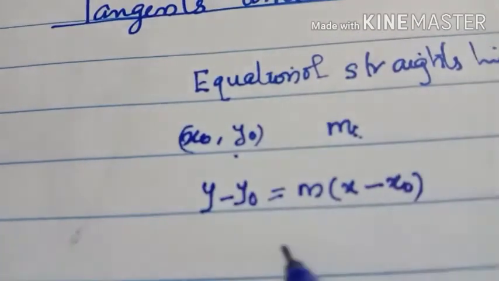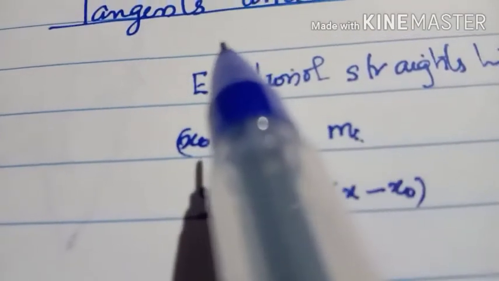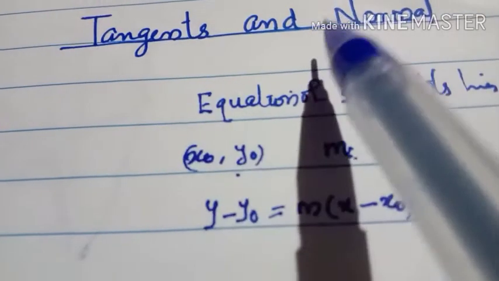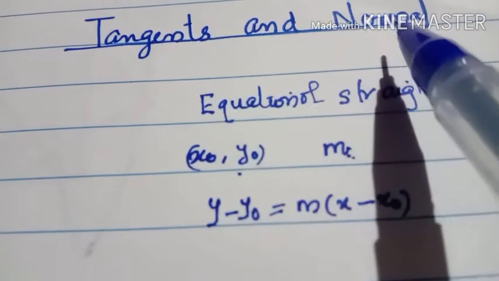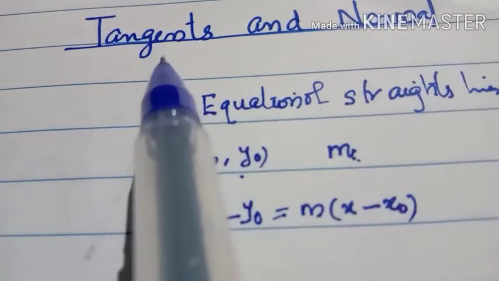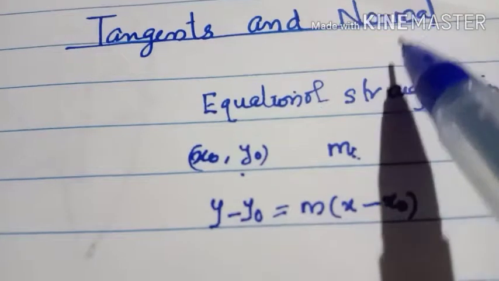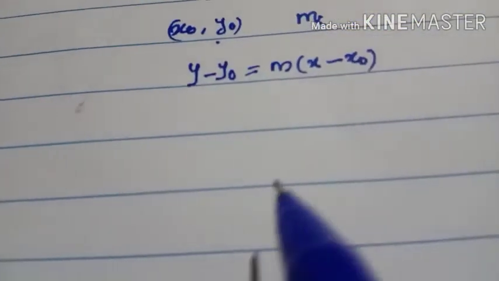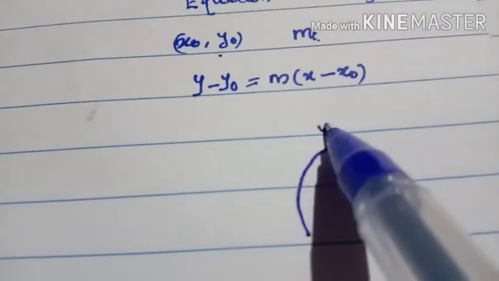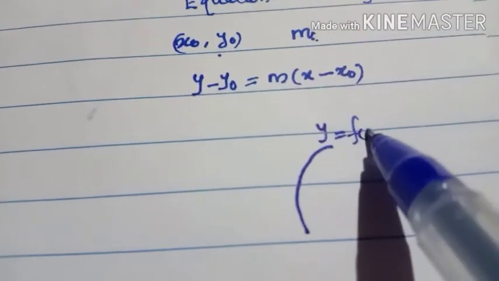So in this section, first we are going to discuss what is the meaning of tangent and what is the meaning of normal. Then we will discuss how to find the equation of tangent as well as the equation of normal. Suppose we have a curve. Okay, let us take y equal to f of x.